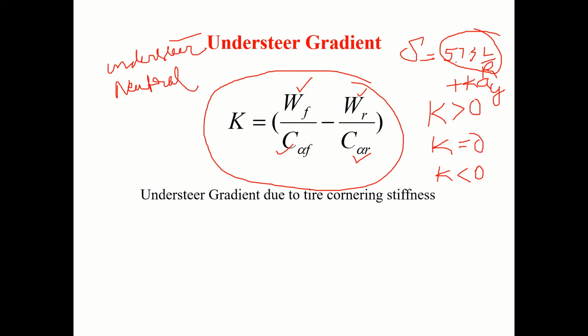K negative means you have to steer less than what you require, oversteer. So the vehicle steers more than what is required, that is oversteer. If it steers less than what is required, then it is understeer. Exactly the same, then neutral steer.